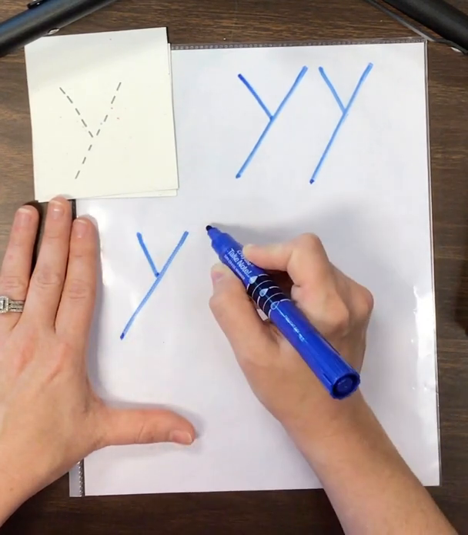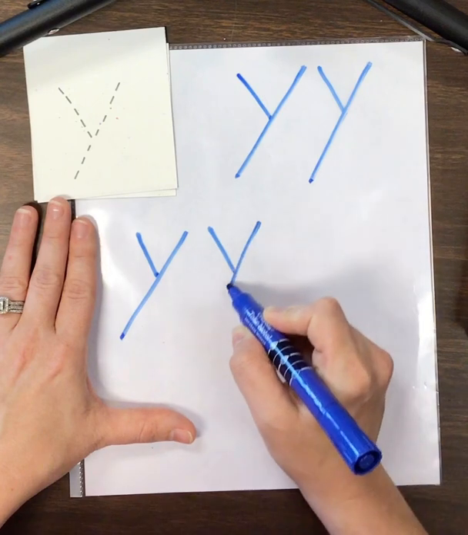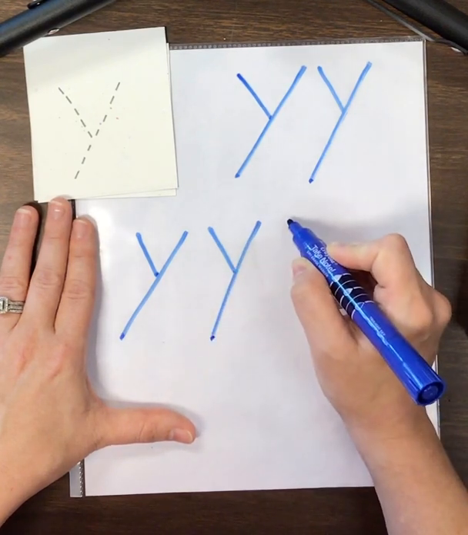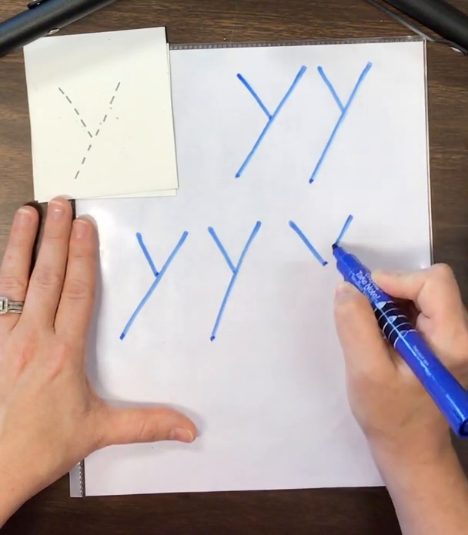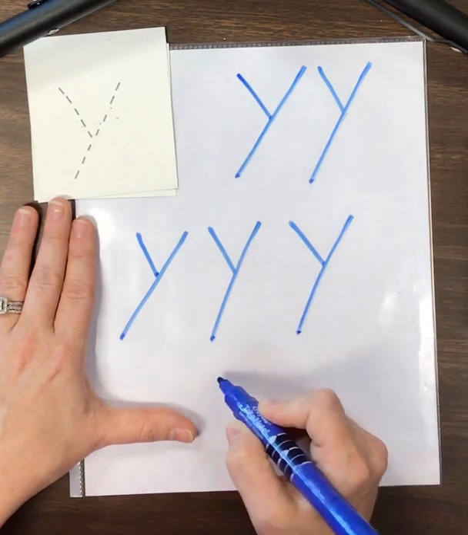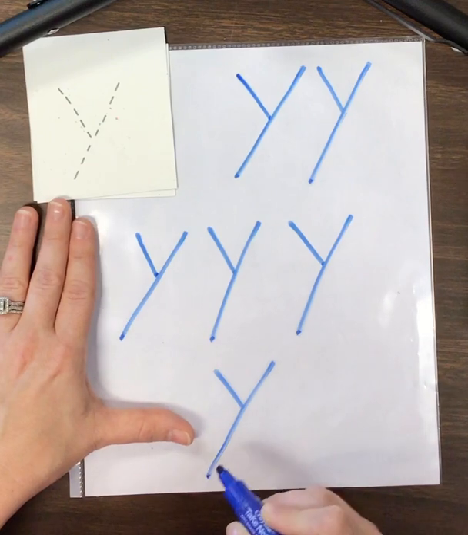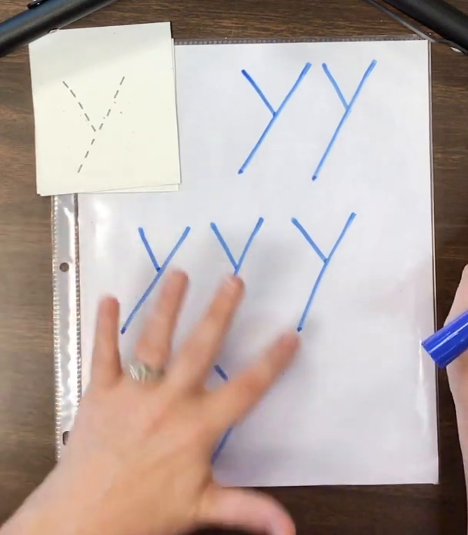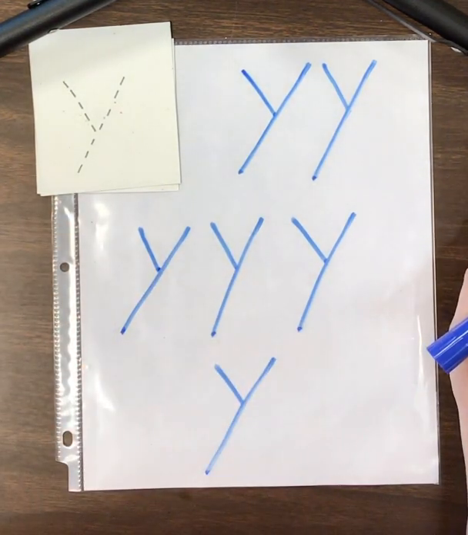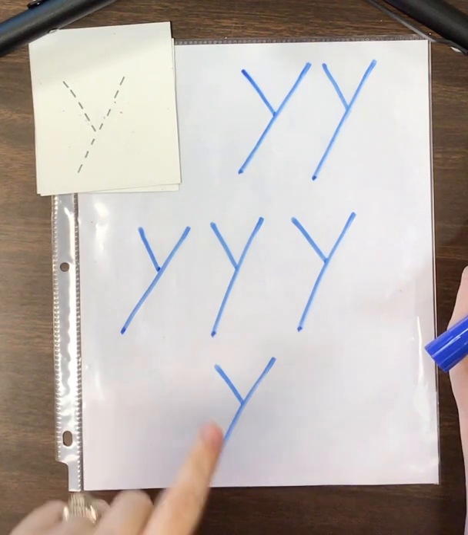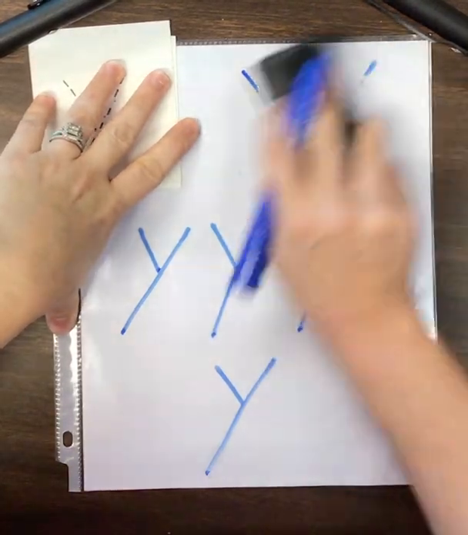Y. Y. Y. Y. If you're not done, finish up your 4 Y's. And when you got all 4, then you're ready to erase.